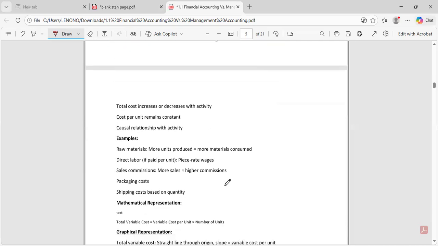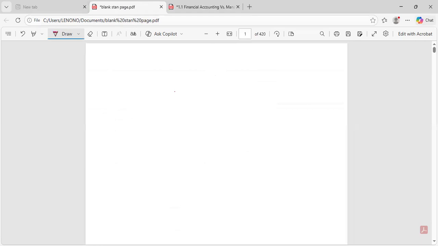And of course, we can now look at what we call a total cost function. So our total cost of every business is equal to total fixed cost plus the total variable cost.